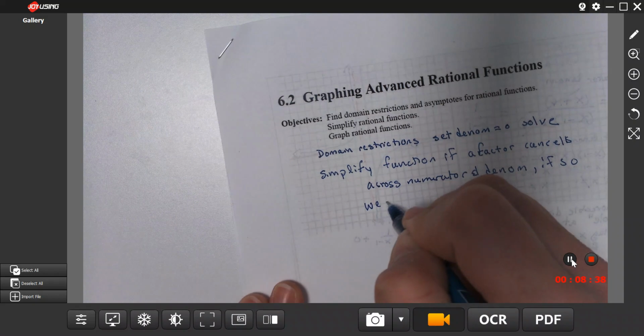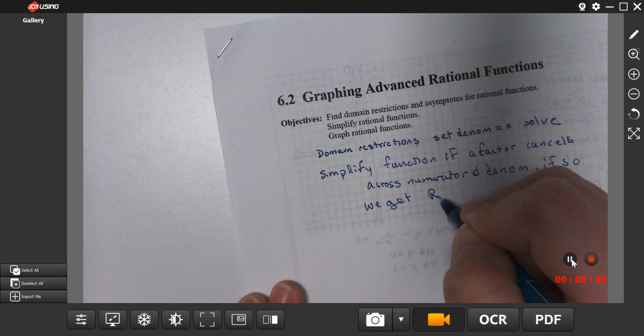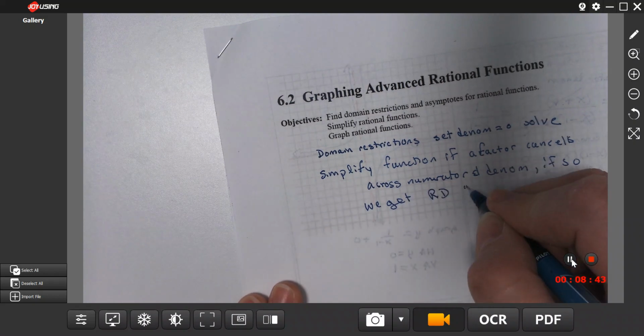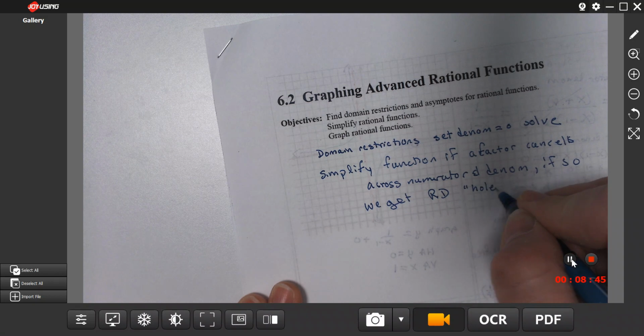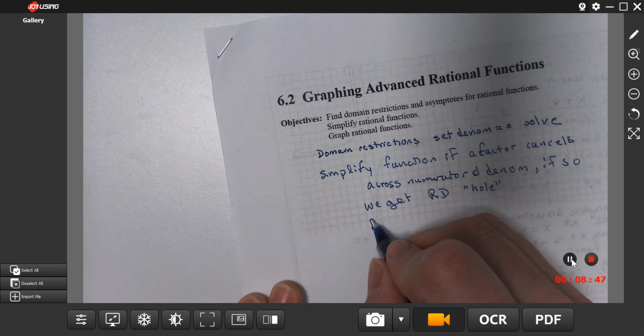If so, we get, I'm going to write RD for removable discontinuity, but I'm going to talk about it like it's a hole, because that's what it looks like.